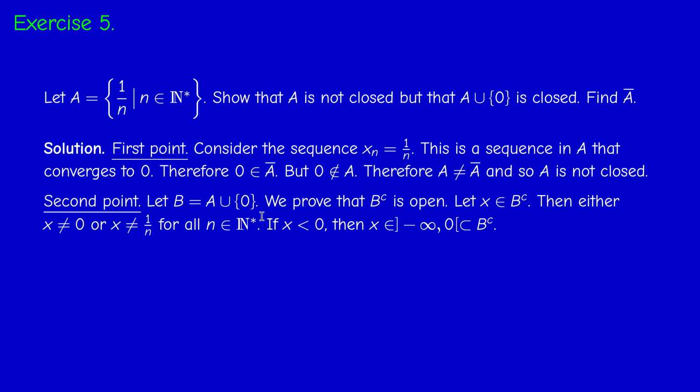And it's not 0, because I excluded 0. So this whole interval is contained in the complement. Okay, so if x is negative, then B^C contains an open set containing x, and therefore B^C is a neighborhood of x. Okay, this is the first case.